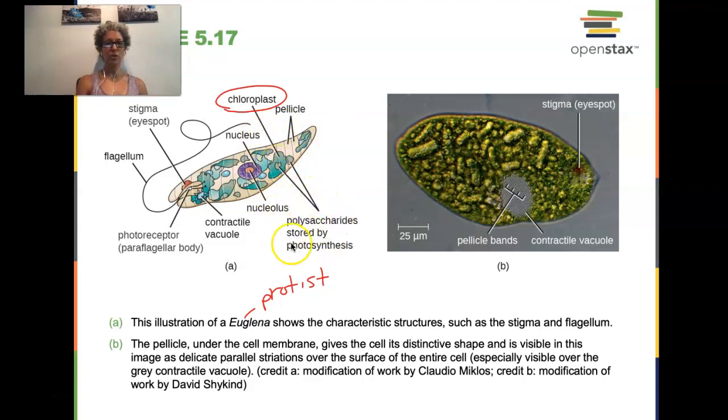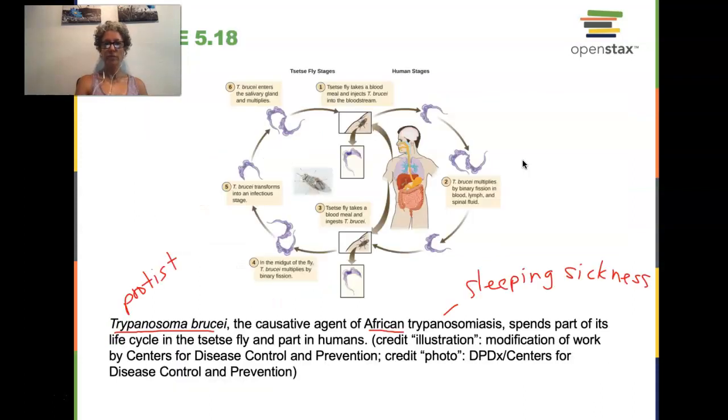It can store the sugars that it makes using photosynthesis. It does have a nucleus and a nucleolus. We also have a nucleolus. That's where our ribosomes are made. It has a contractile vacuole, and it does have that flagellum. When we look at it under a light microscope, we can see that contractile vacuole, and it is decidedly green. Lots and lots of chlorophyll in its chloroplasts.